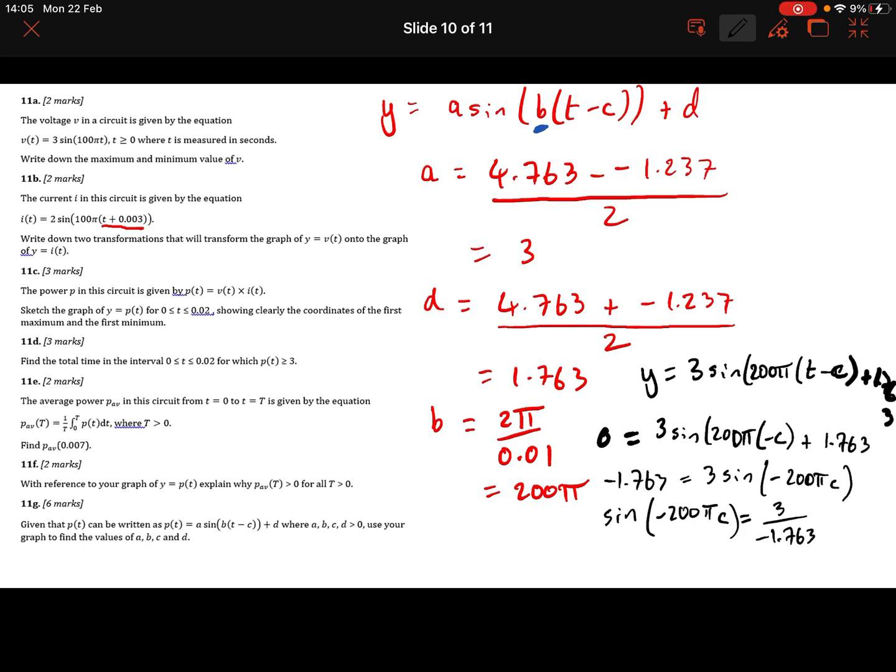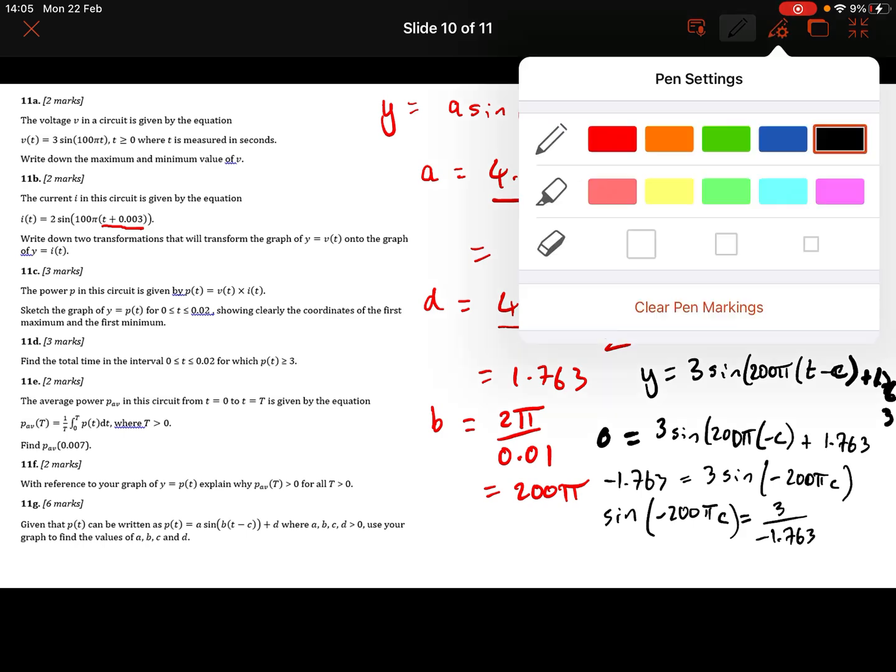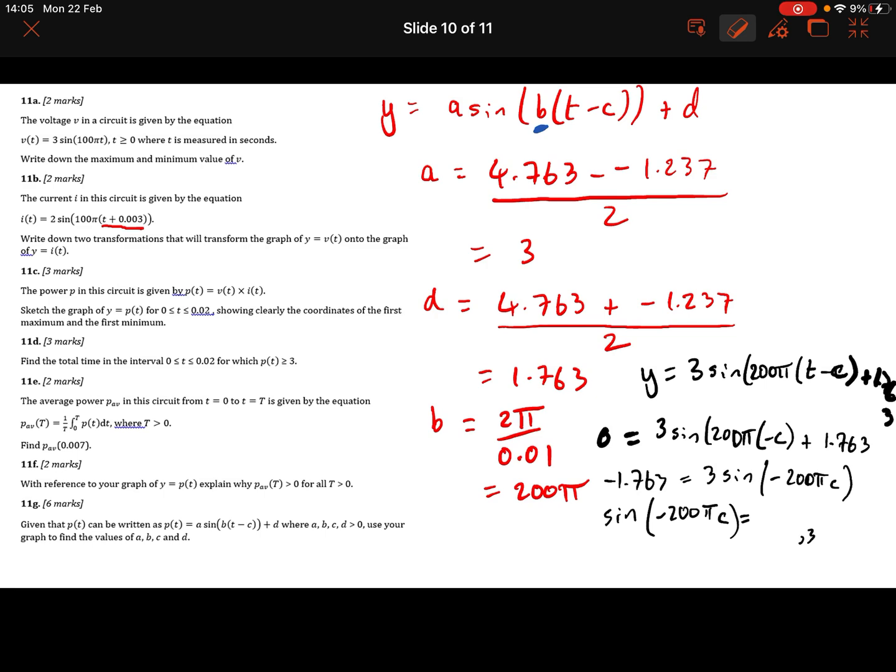I need to actually set my calculator to radians, so just bear with me a second. Okay, so we're going to do it again. Minus 1.763 divided by 3. Shift sine of the answer is equal to minus 0.628.